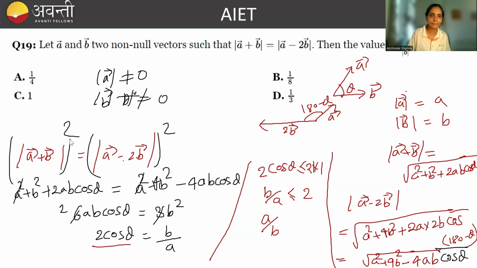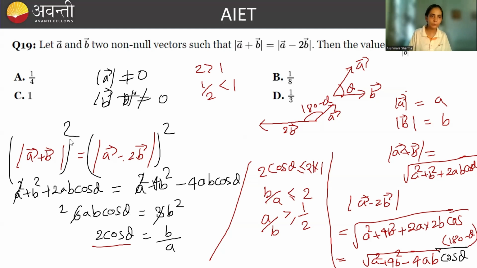We've already studied, 2 is greater than 1, but 1 by 2 is less than 1. So if you are taking the inverse of things, the inequality sign will also change. Same thing I will apply here. A by B is greater than or equal to 1 by 2. So mod A by mod B will be greater than or equal to 1 by 2.